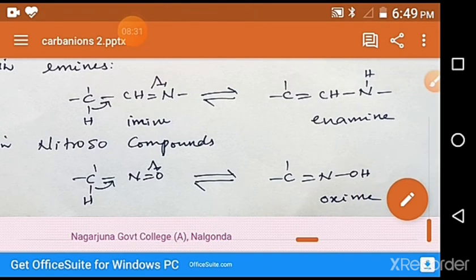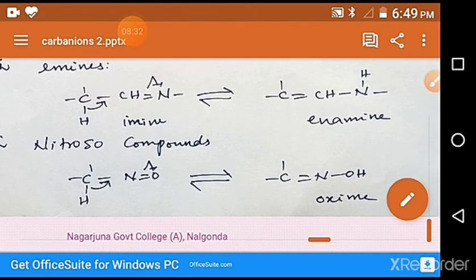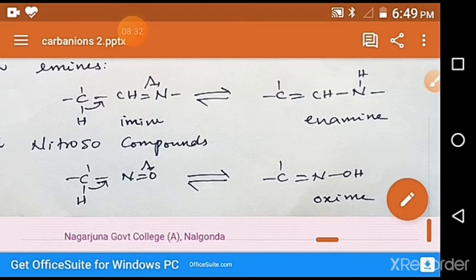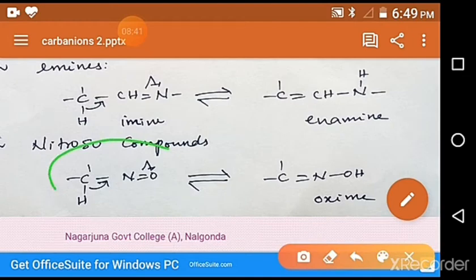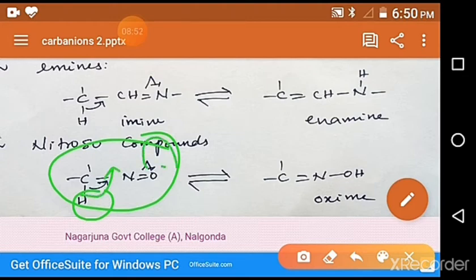See the third example, nitroso compounds. Nitroso compounds also exhibit tautomerism. This is a nitroso compound, the NO group is there. There is an alpha hydrogen. This bond's electrons shift to here. At the same time, this pi bond is polarized towards the oxygen.